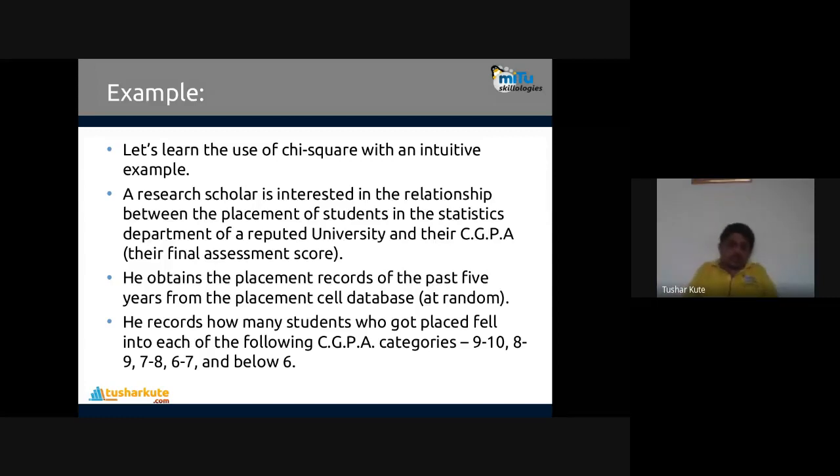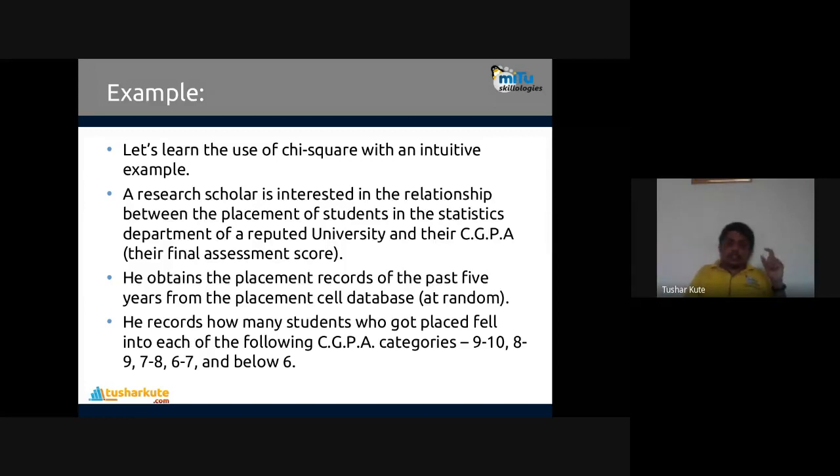So he obtains the placement record of the past 5 years from the placement cell database at random. It's not the whole data set, but randomly he has taken the data for the past 5 years of placement records for a particular college.